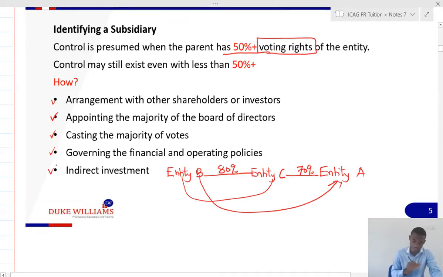So entity B has zero investment in A, but because entity B has investment in C, entity B would control entity A. Very well.